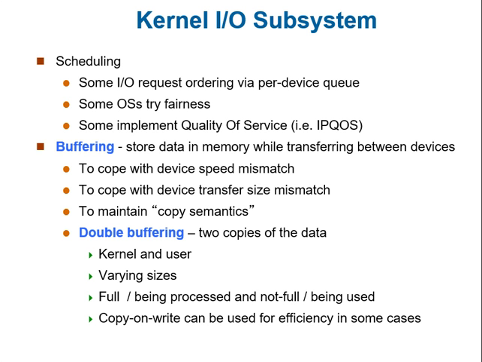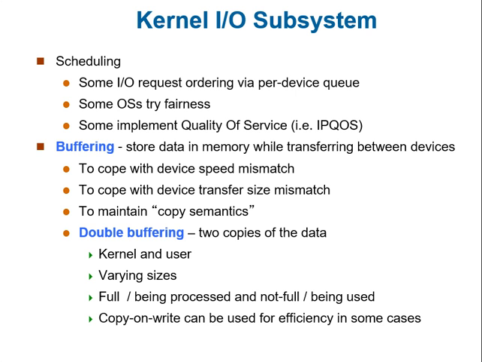Then we need buffering to cope with the speed mismatch between different types of device. Also to cope with device transfer size mismatch. Maybe your flash drive or some other device only has a limited block size they can transfer in 1 second, for example. Then buffering can help. That's why when you watch a streaming movie, you use buffering as well.